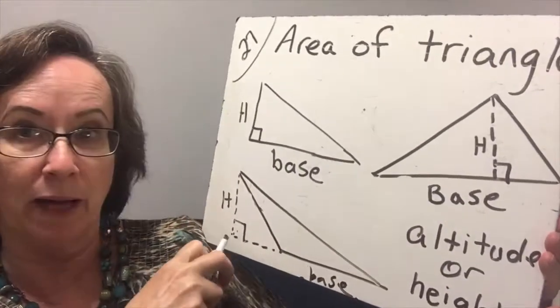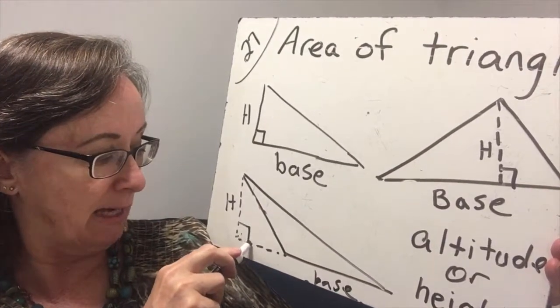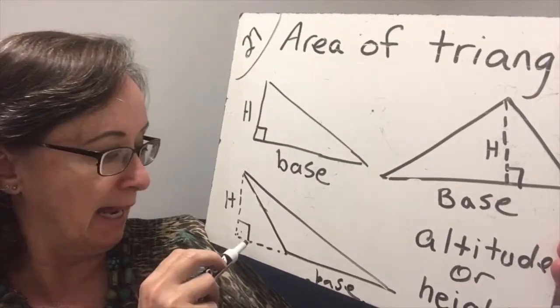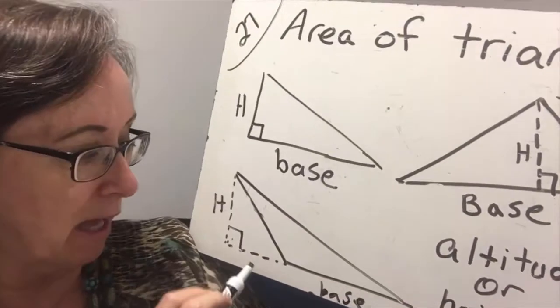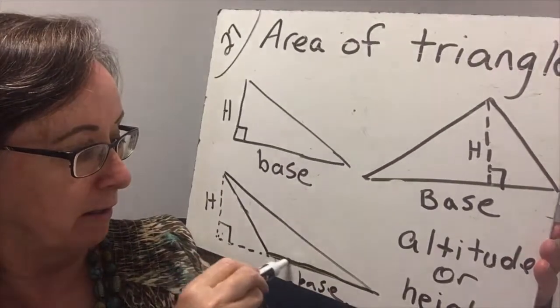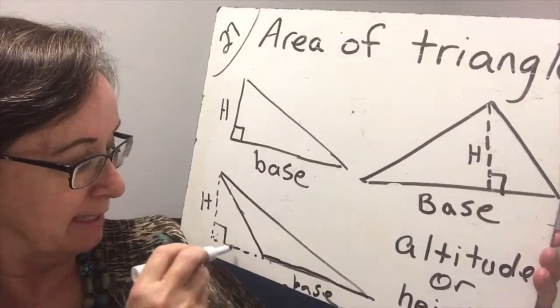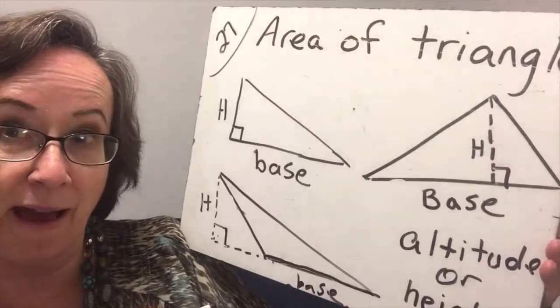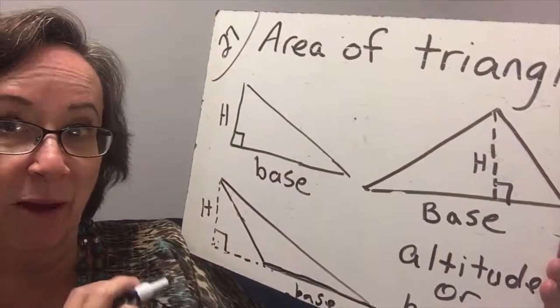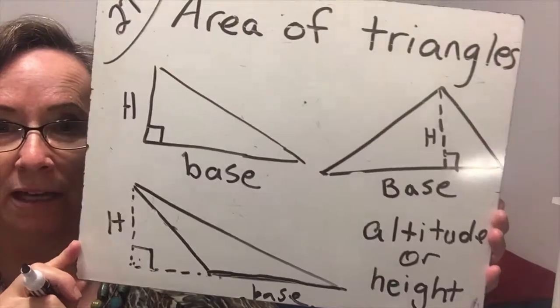When we do a base extension, we do not count this dotted part in the base. That's why I have it dotted instead of solid. Our base is only the solid part over here times the height that comes down. This little extension just tells us where to stop this height from going. Okay, so we're going to talk about each one of those.